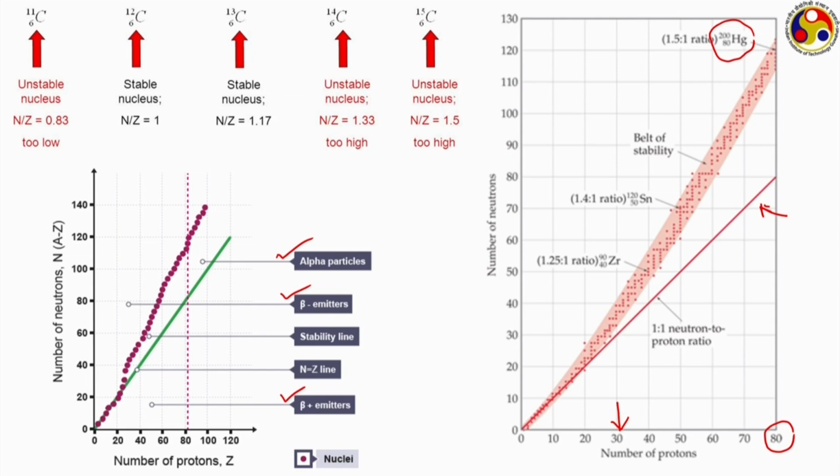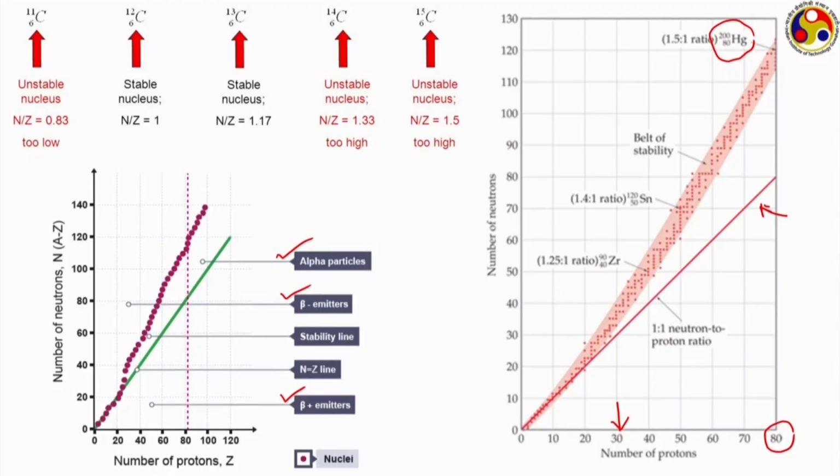One thing we have to keep in mind is that when you are talking about a very light isotope, n by z equal to 1 is sufficient, but when you go to heavy isotopes, the stable band corresponds to a higher value of n by z, which can be around 1.5. We can understand that by considering the presence of more protons.